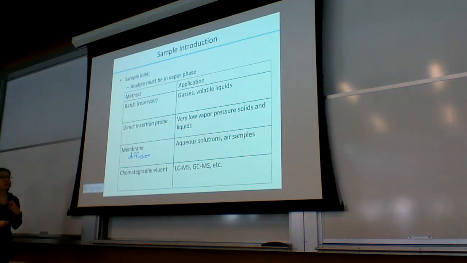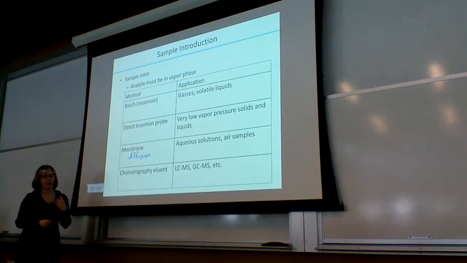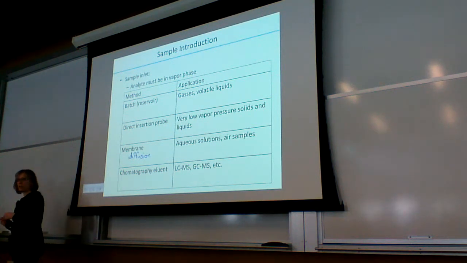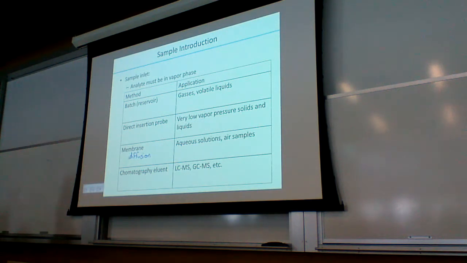And you can also do that with an LC, or a liquid chromatography mass spectrometer. Unfortunately, we only had a UV-vis detector on our liquid, or HPLC, I should say, high performance liquid chromatography. But we would love to have one that had the mass spec on it as well.